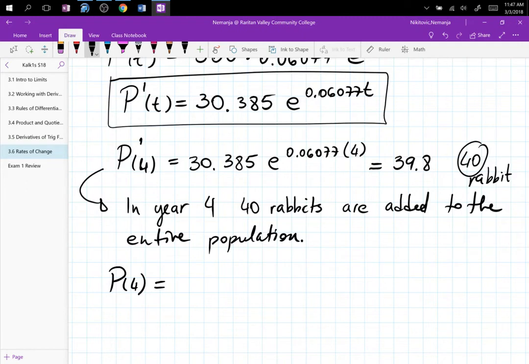P of 4 is the number of all rabbits in year 4, and that better be more than 600.